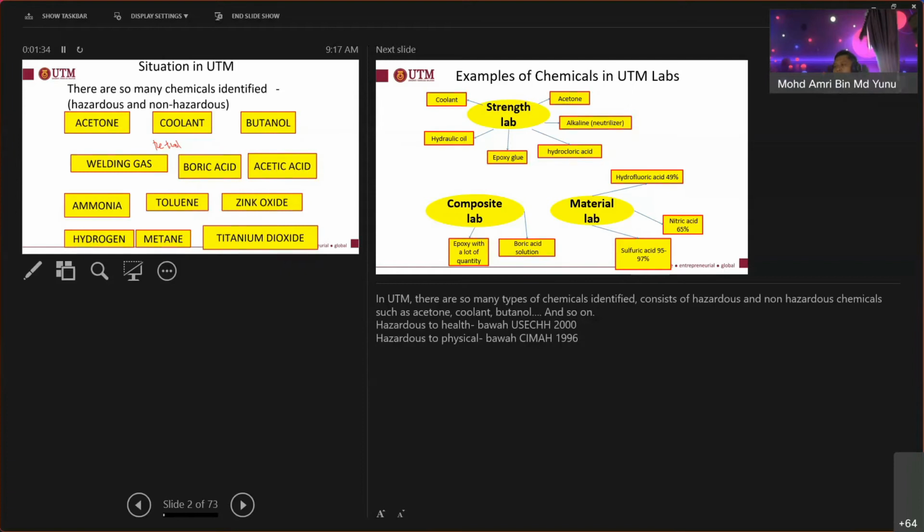So in UTM, and not only in UTM, around you, there are chemicals. Windows cleaner, all chemicals.